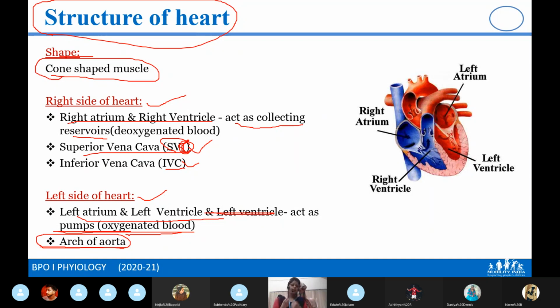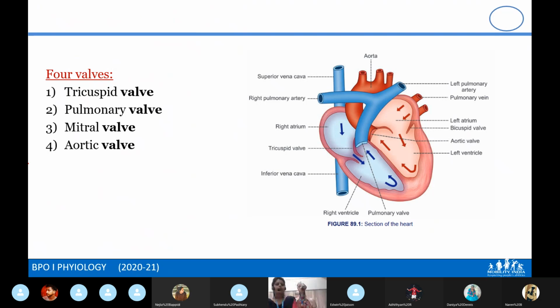On the right side, there are superior vena cava and inferior vena cava. And on the left side, there is arch of aorta, exactly in the middle but more towards left side, which helps to supply the blood to different parts of the body.